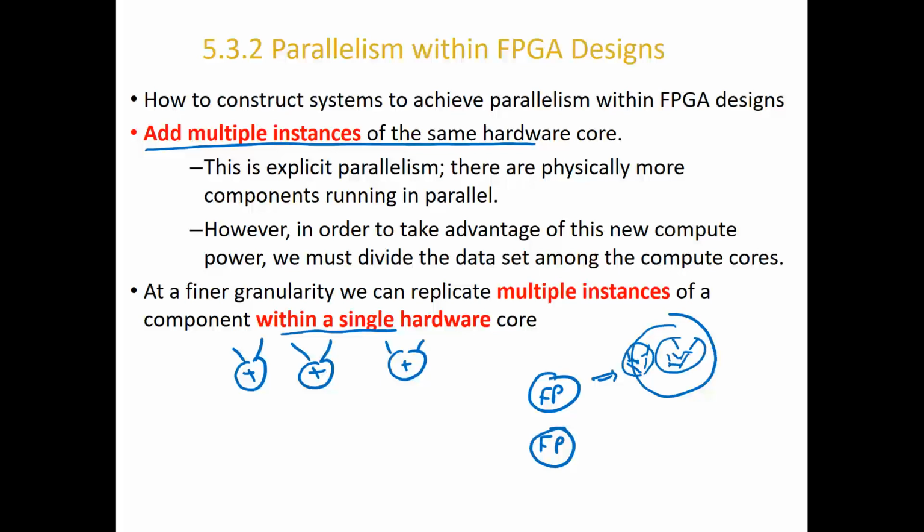So in this case, I am instantiating multiple instances within a single component. This is my floating point unit, and this is the adder, and I am instantiating within the floating point unit rather than instantiating the whole unit, because the rest of the floating point unit could be doing just fine. This is my bottleneck. So I can explore parallelism by adding additional units of this adder.